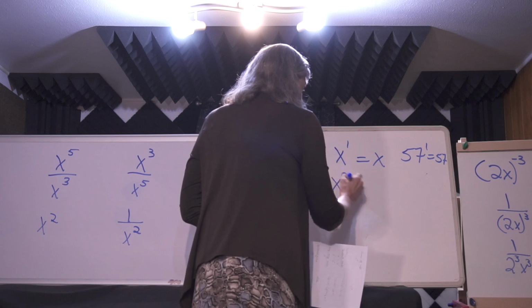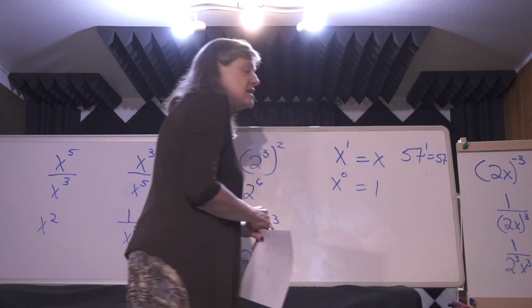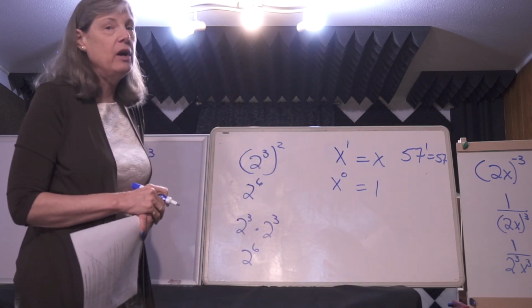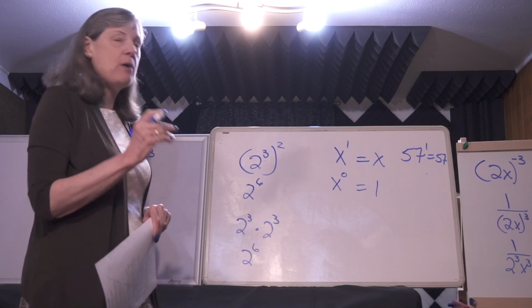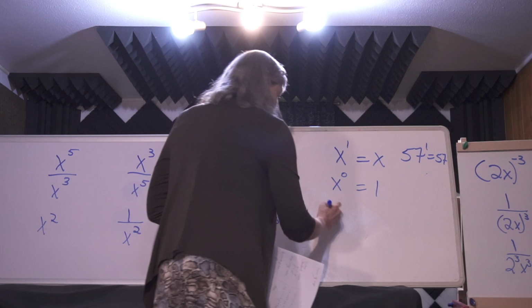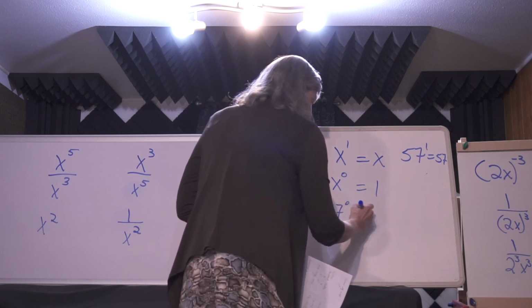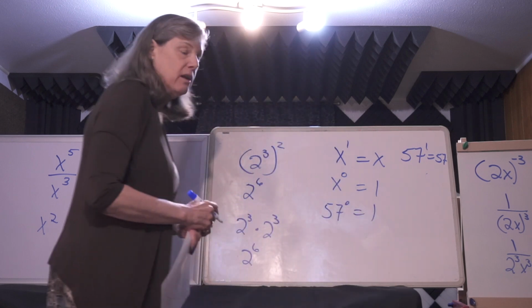The other thing, anything to the 0 power equals 1. So just know if you've got anything to the 0 power, it just equals 1, no matter what. So if I had 57 to the 0 power, that equals 1.